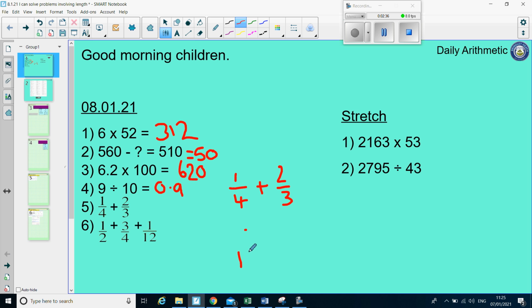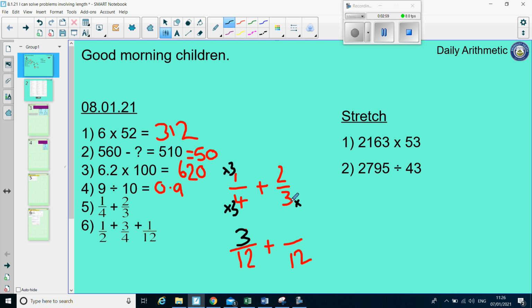And we want to turn those denominators to be out of 12. So the question I have to ask myself is, what do I times 4 by to get a 12 on the bottom or for the denominator? I'm timesing by 3. Whatever I do to the bottom, I've got to do to the top. So I would end up with 3/12.